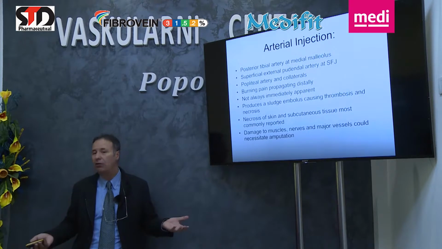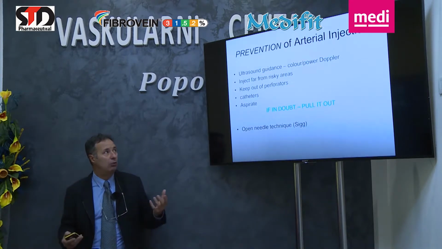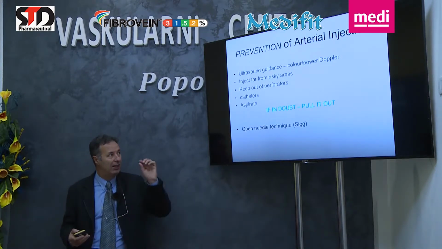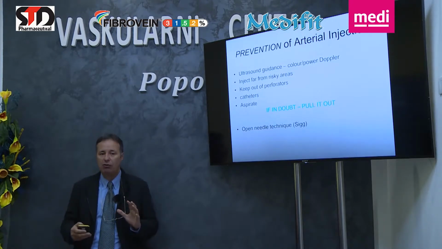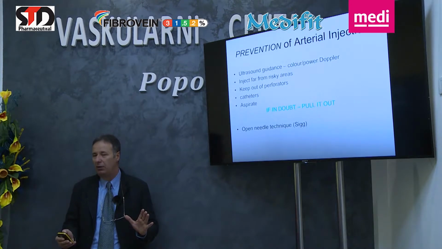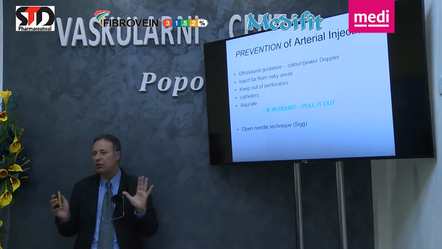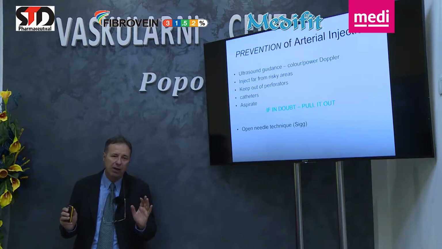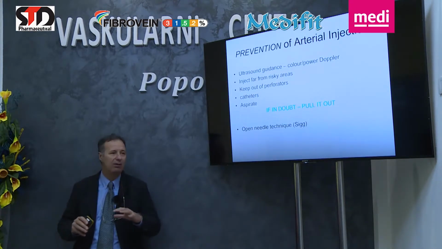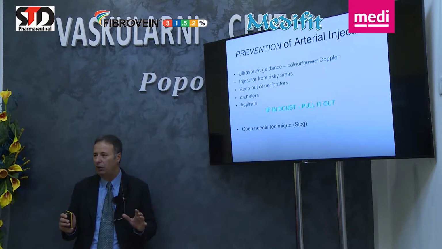It is extremely rare, as I told you, but we have to keep in mind. And if the patient tells you about strange pain, pull out. Strange pain, strange dysesthesia, strange symptoms. A little pain is possible, we know, but whatever is strange, don't go ahead with your injection.